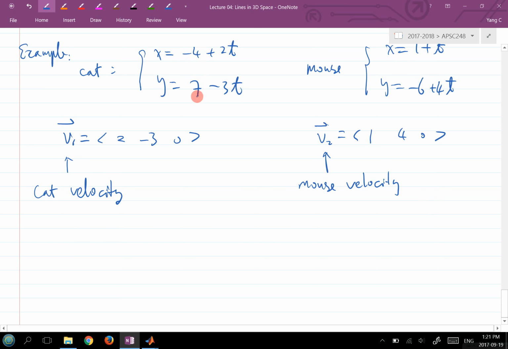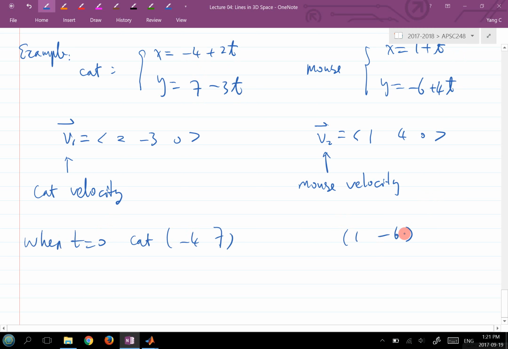If you let t equal to 0, this is the point when t equals 0. In the trajectory idea, at time equal to 0, we usually call it the initial position. So at t equal to 0, the cat is at (-4, 7) and the mouse is at (1, -6). That's another physical meaning you can give based on the two equations.